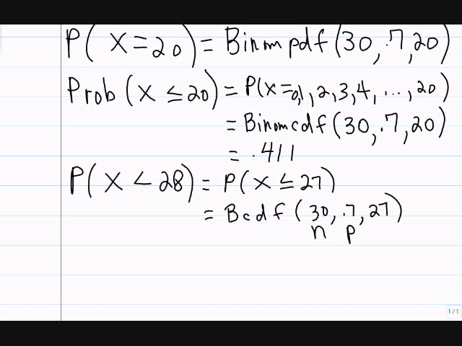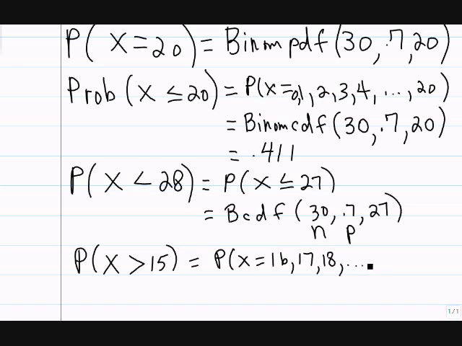Now you wanted a greater than. If I want to find the probability that we have greater than 15 successes, that'd be the probability that we have 16, 17, 18, 19, up to 30 successes, which is the complement of having all the numbers below 16.